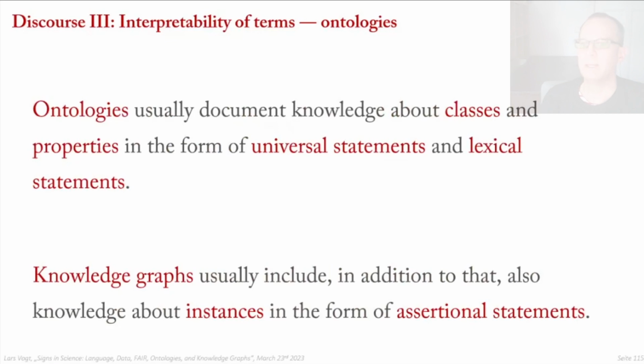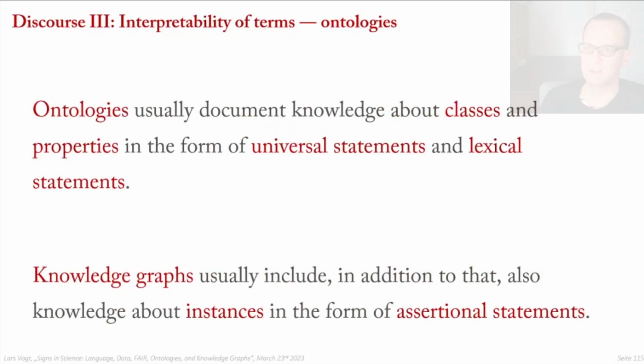And now, knowing that and having that background knowledge, we can make a meaningful distinction between ontologies and knowledge graphs. So often these are mixed up, but I think it makes sense to make that distinction. Ontologies usually document knowledge about classes and properties in the form of universal statements and lexical statements.